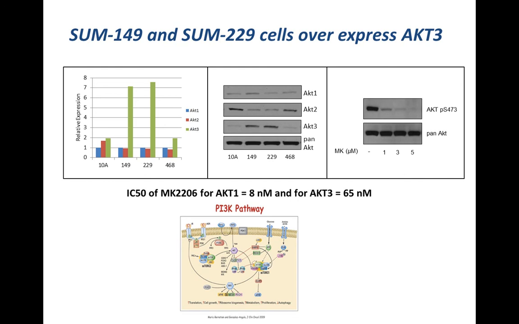AKT3 has not been considered to be a player in breast cancer until recently. I was looking at the Select Chem catalog, and I saw that the IC50, that is the concentration of drug required to reduce the activity of the target by half, for AKT1 was 8 nanomolar. That's a really good drug. That's really potent. But I also saw that for AKT3, it's 65 nanomolar.